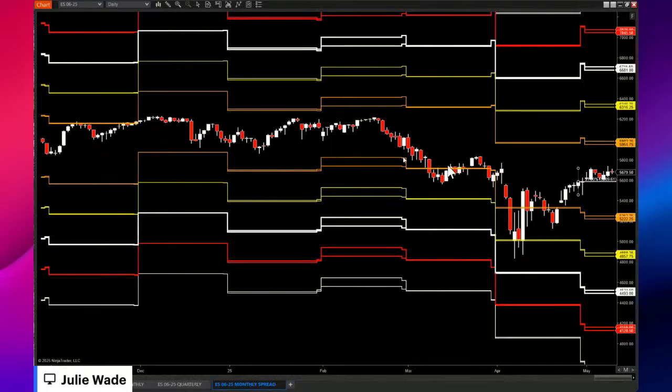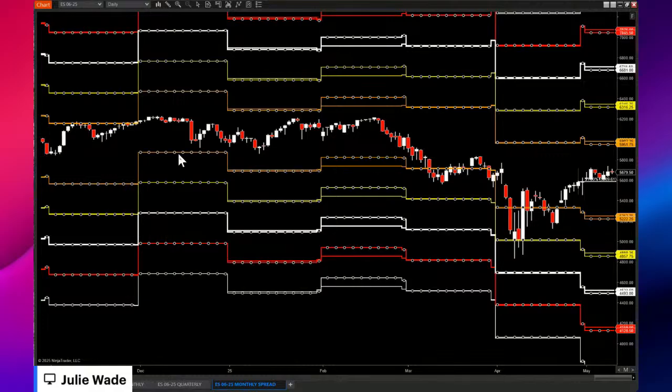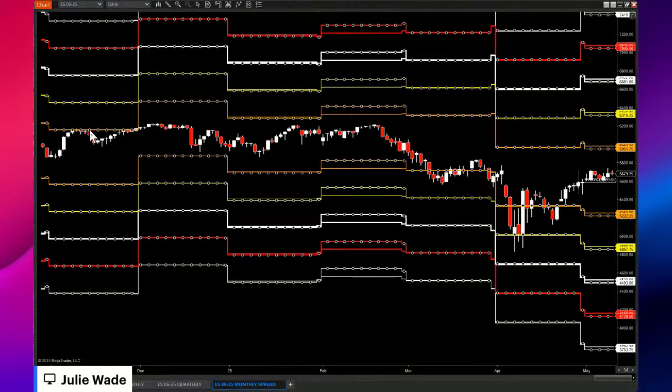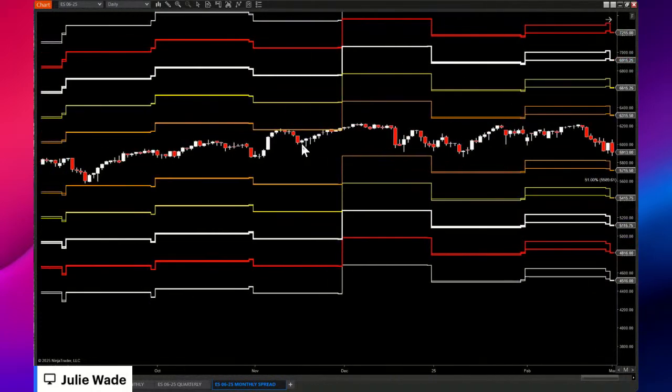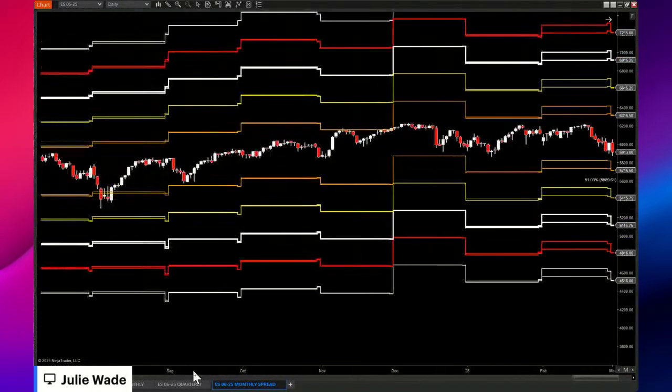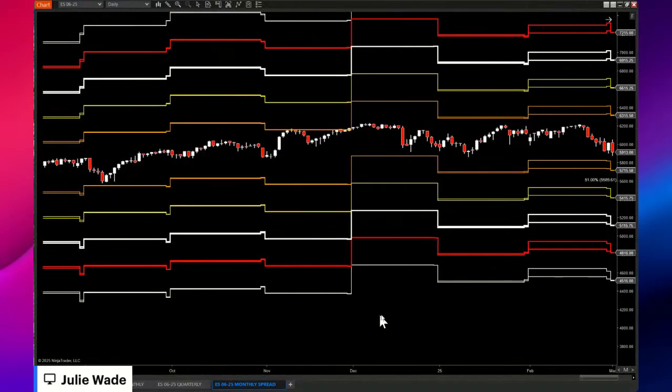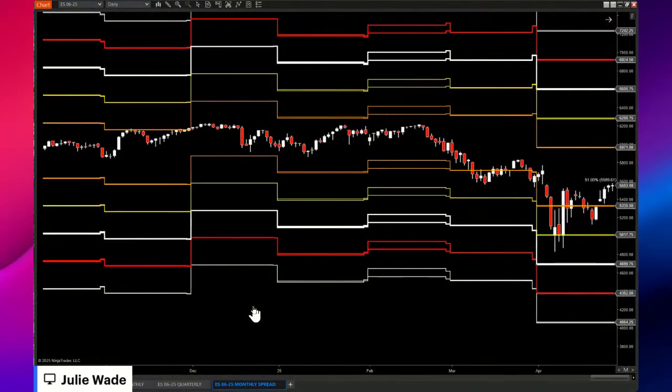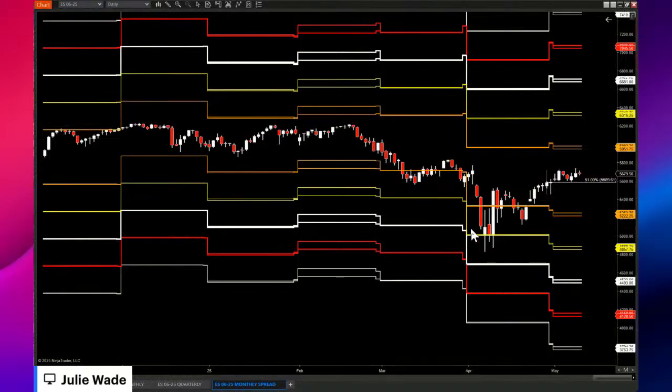So you can see here that it was non-existent. They were the same. And here you had a much wider spread. And so even on this monthly distribution, you can tell that the market a lot of the times will adhere to these levels.